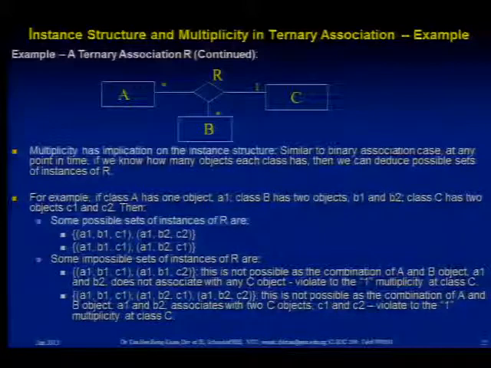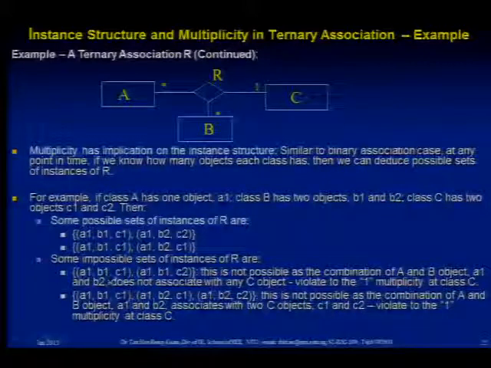So that is all within 0 to many. So it satisfies the multiplicity here. Again, you can easily check that the first set also satisfies the multiplicity here. Okay, I will not go through the detail. The second set also satisfies all the multiplicity. So that's why the second set is also a possible set of R instances.